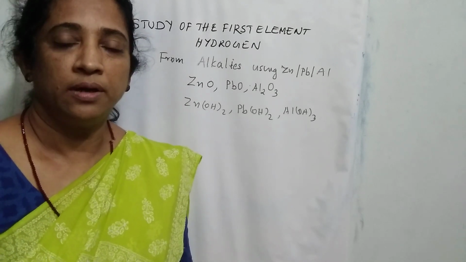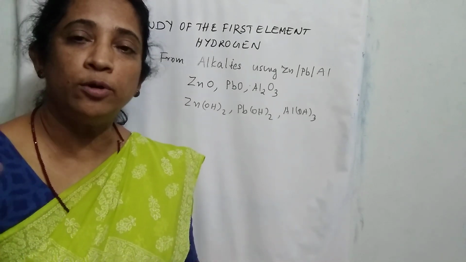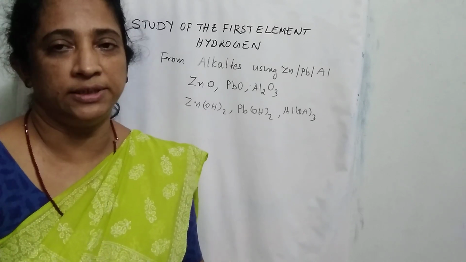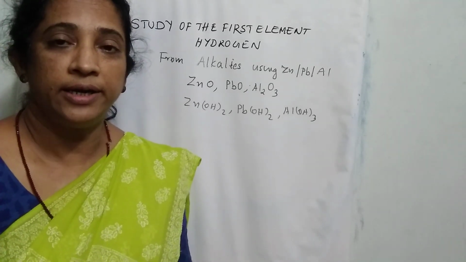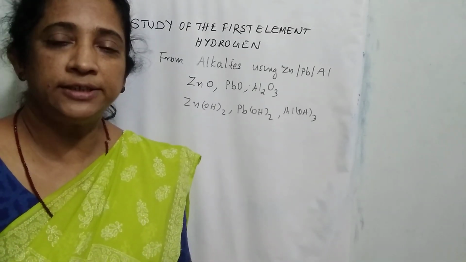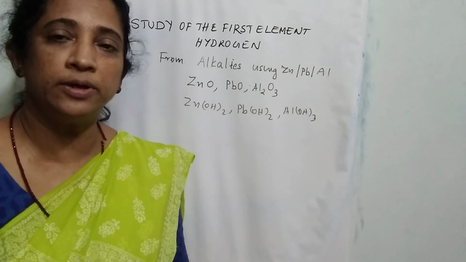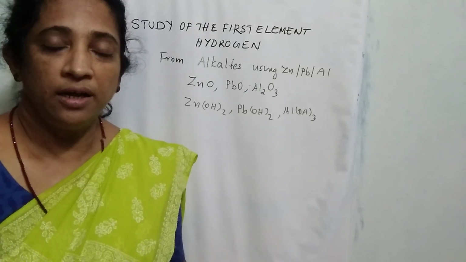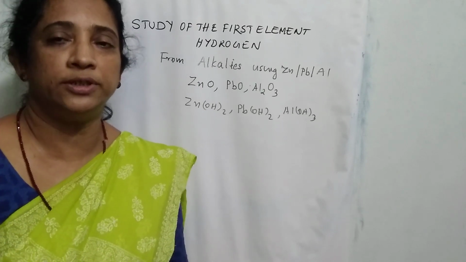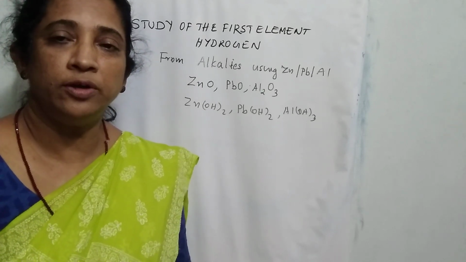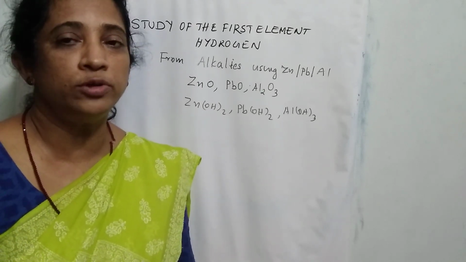And all the metallic elements above hydrogen react with dilute acids except lead. Lead reacts with the acid to form an insoluble coating and the reaction ceases. Hence the production of hydrogen comes to a stop. So lead metal cannot be used for the production of hydrogen from dilute acids.